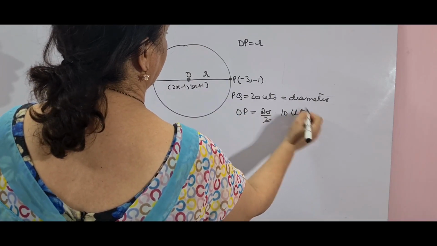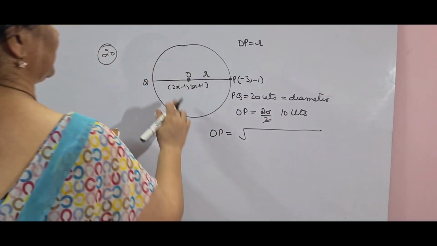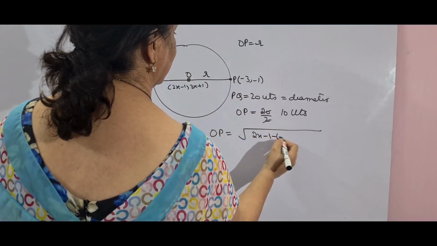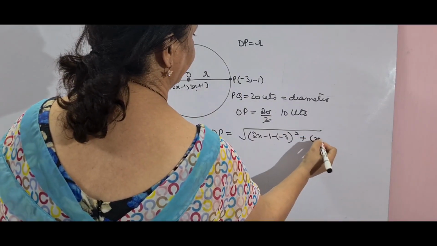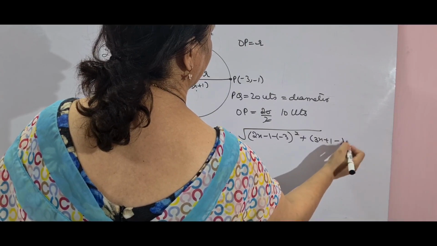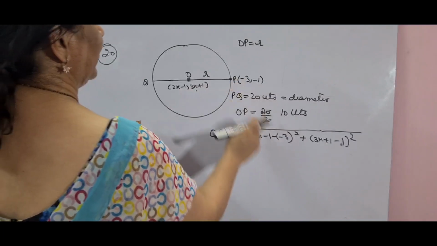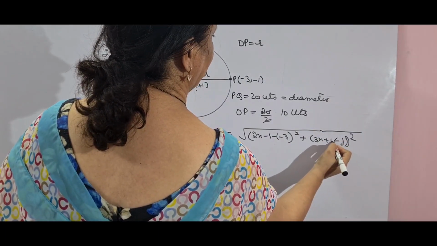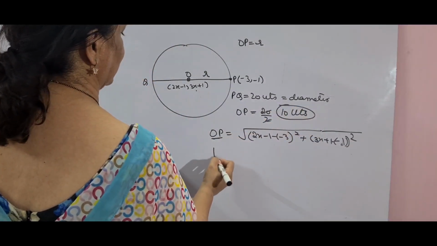Now same thing, OP will be equal to the square root of (x2 minus x1) whole square, (2x minus 1 minus 3) whole square, plus (y2 minus y1) whole square, (3x plus 1 minus 1) whole square. And OP you have found out to be 10 units. Please put the answer here in place of OP.